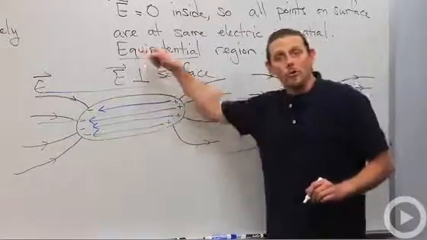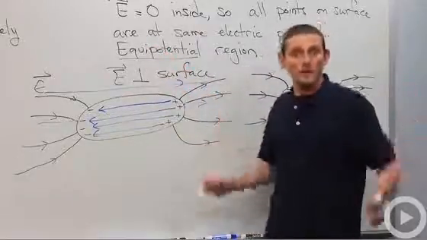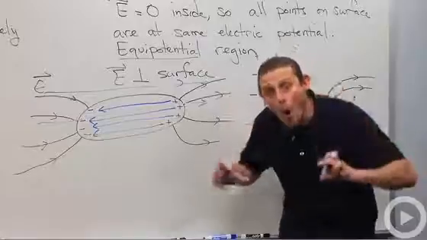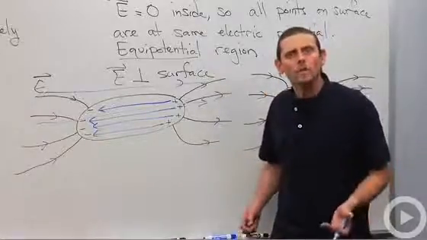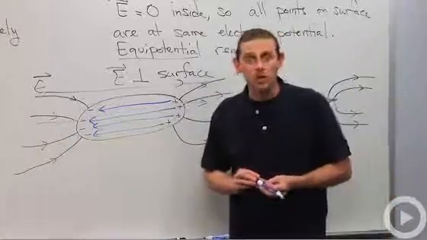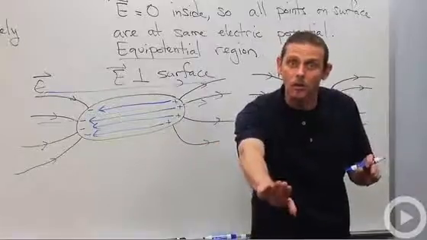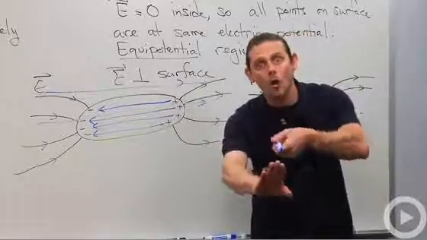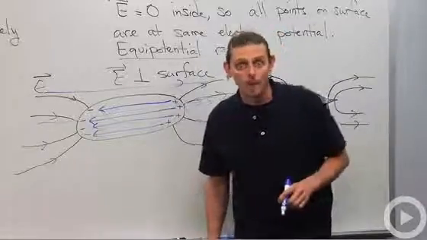So the contribution from both of those electric fields cancels, and we get 0 inside when we take the whole electric field. And that's generally the way that it works. When you apply an electric field to a conductor, the positive charges will move farther downstream of that electric field. And then they generate their own electric field, which opposes the electric field that I first put on the conductor.